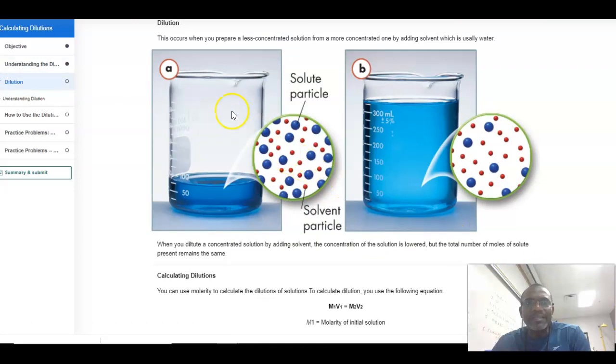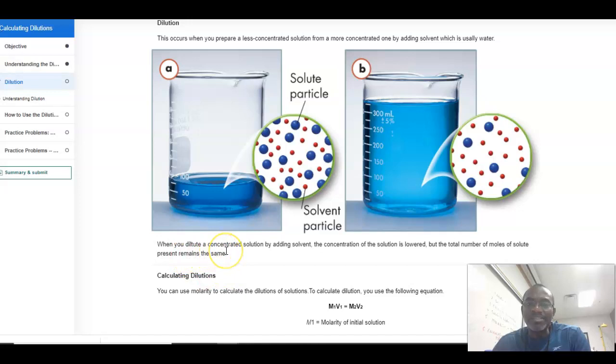Now, in this case, we're going to look at dilution similar to what it did in the video. You see these two pictures, A and B, two beakers, and you can see both of them contain the same number of solute, but both of them contain different amounts of solvent. So in beaker B, you have more solvent than in beaker A, but both of them contain the same solute particles.